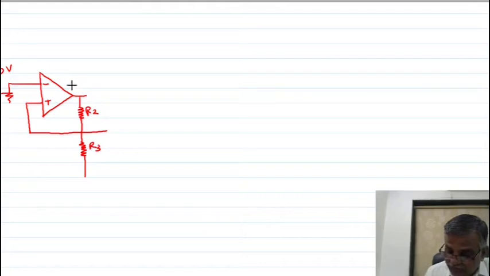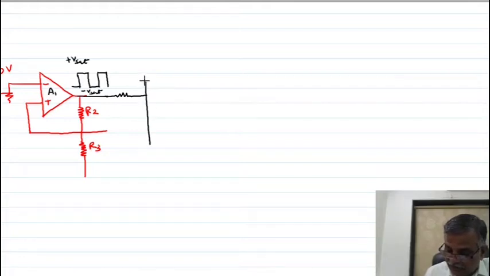The output of this A1 is a square wave. The output of this circuit is a square wave. It is either plus Vsat or minus Vsat, you know, and it is given to the negative terminal of the integrator circuit.